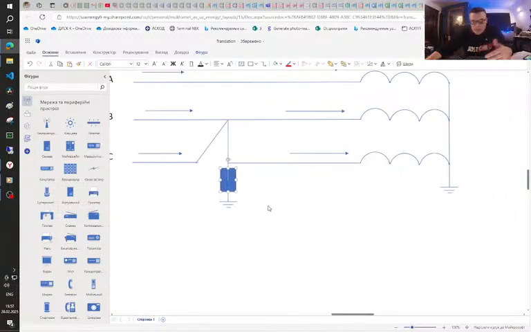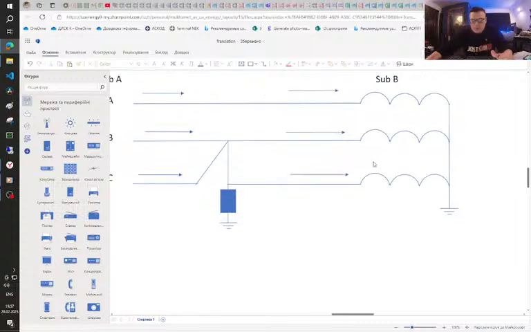So it looks like in this case these impedances were smaller than this arc impedance, so the current flows in this strange manner.